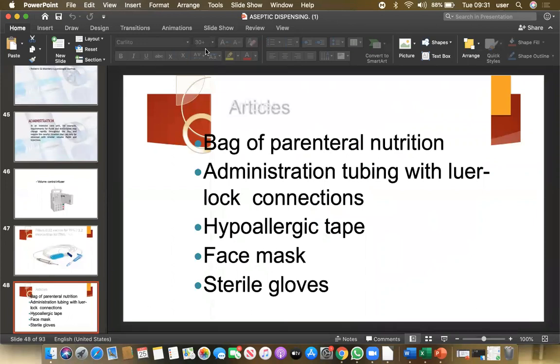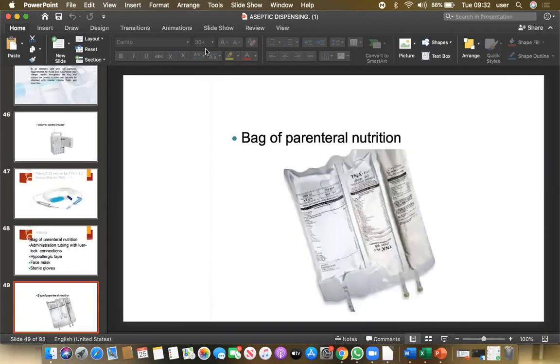Furthermore, articles for administration of parenteral nutrition: bag of parenteral nutrition, attached administration tubing with Luer lock connections, hypoallergenic tapes, face masks, sterile gloves. Now you can see a bag of parenteral nutrition.